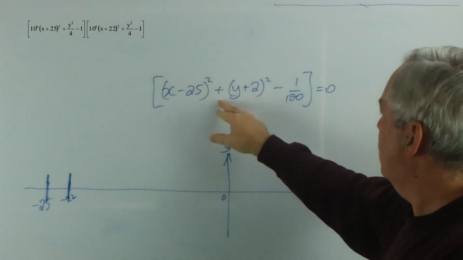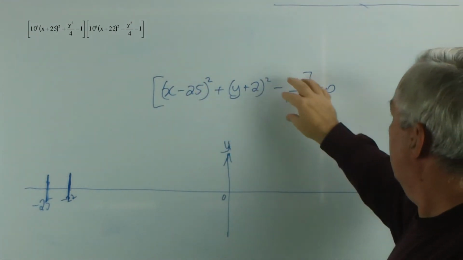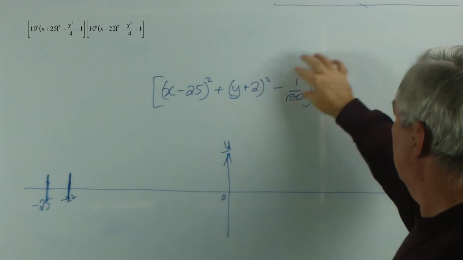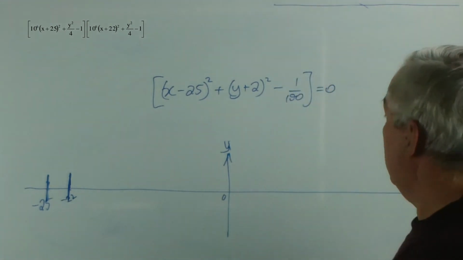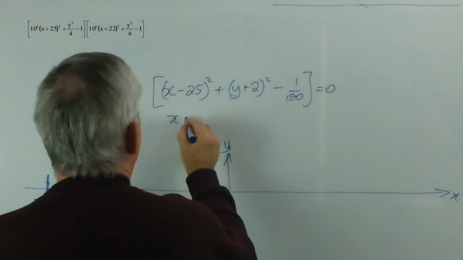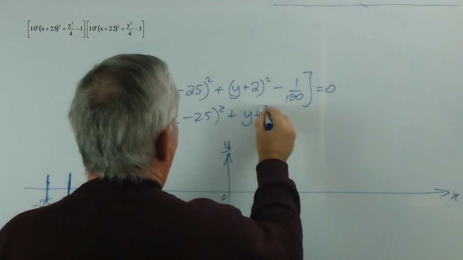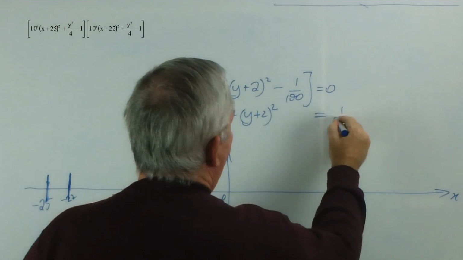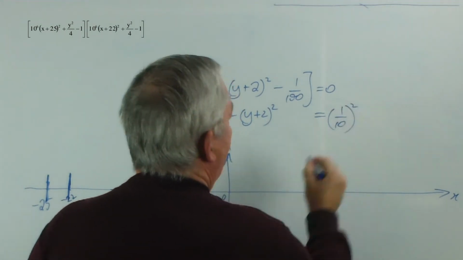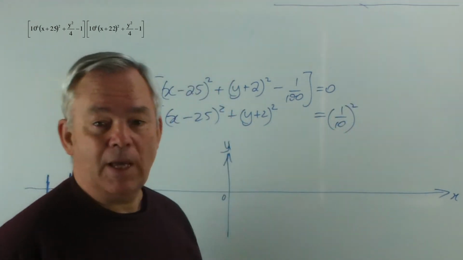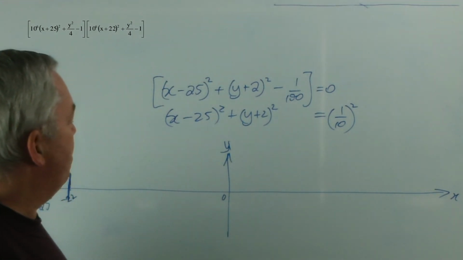It's an x squared plus a y squared equals, if we took this over here, equals something squared. In fact, if I rewrote it, 1/100th is in fact 1/10 squared.